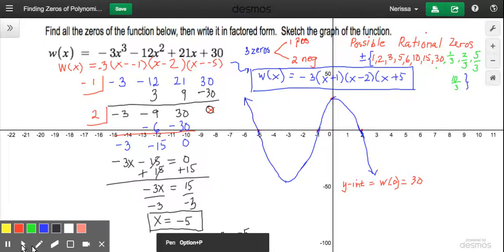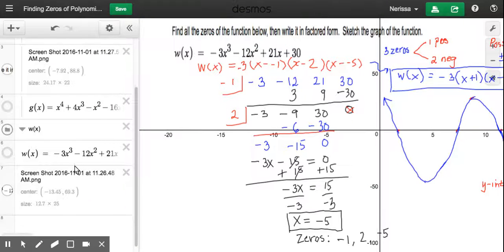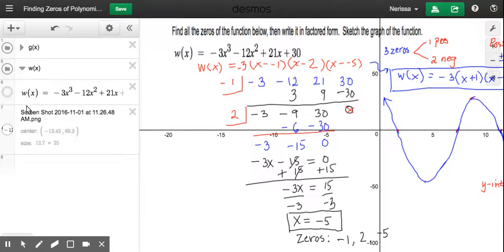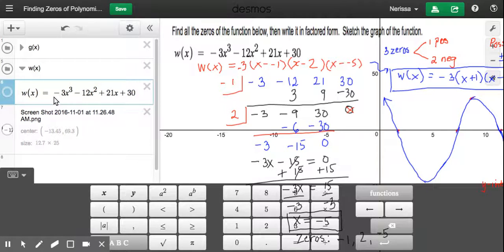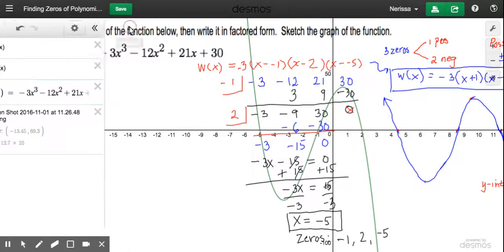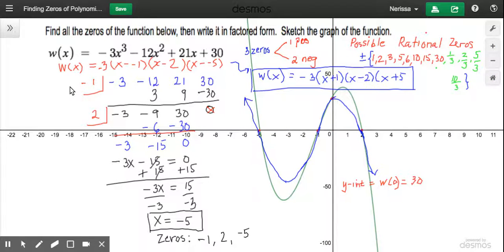So now let's see if our graph is accurate. So here's the equation for w of x, and let's see how the graph looks. And let us hide this back. And this is our graph in relation to the actual graph.